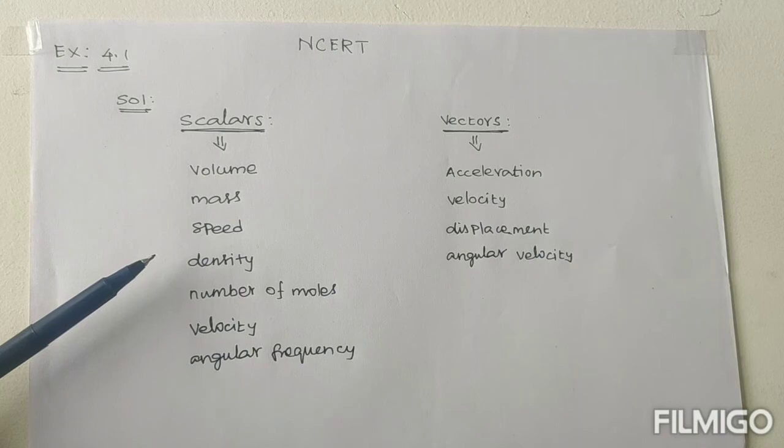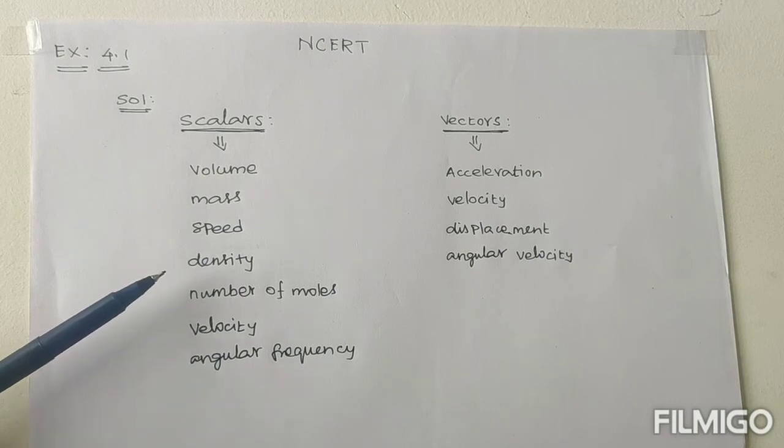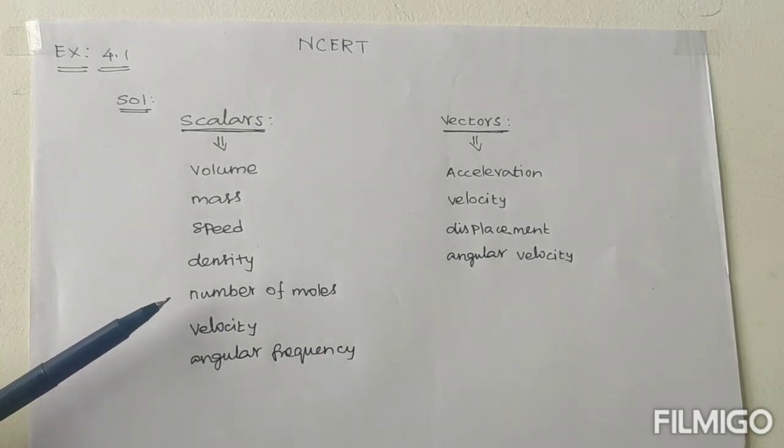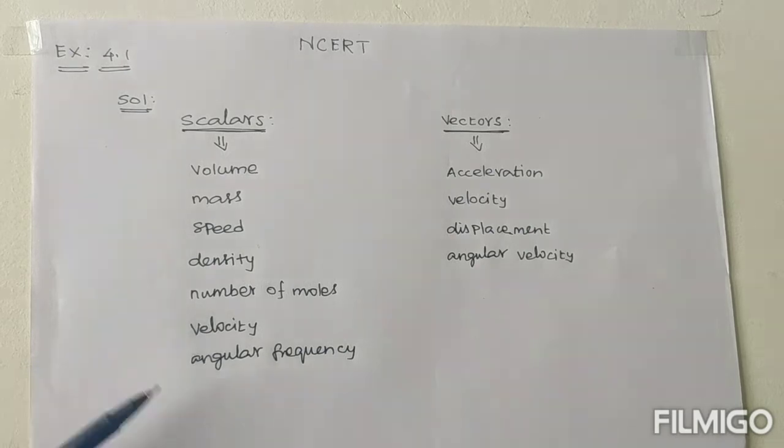Then the density of iron 7800, nearly equal to 7500 kilogram per meter cube. Then the next one, the number of moles. It is a quantity based, so it is also scalar quantity.